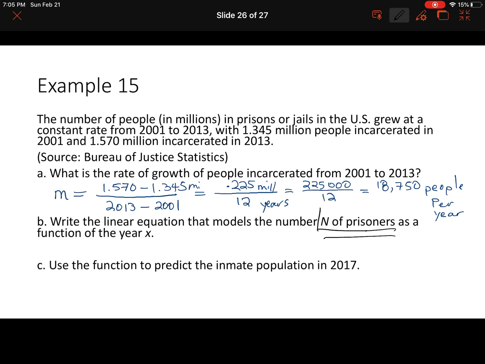It gave us the variables it wants us to use. N is your dependent variable. The number of prisoners depends on the year that we're talking about. And then it wants us to predict.